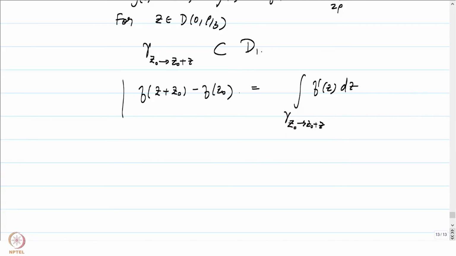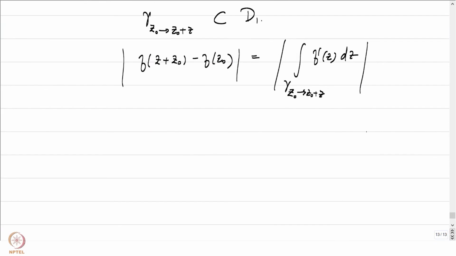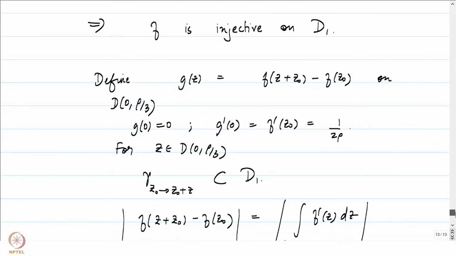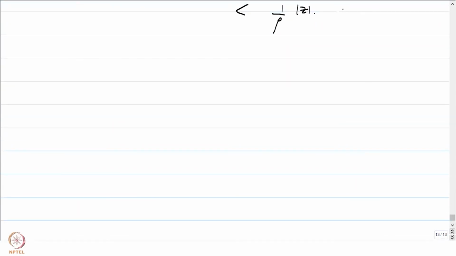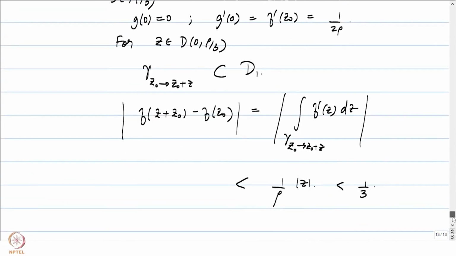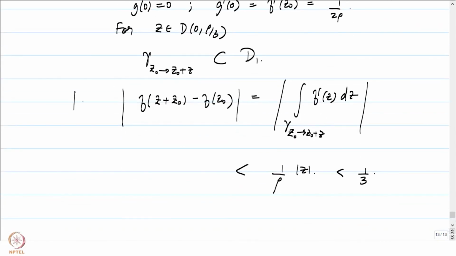And if you look at the absolute value, this is bounded here. We checked that the absolute value of f prime of z is bounded by 1 by rho. So this is less than 1 by rho times the absolute value of z, which is now in the disk of radius rho by 3 around 0. So this is in particular less than rho by 3, which is hence less than 1 by 3. So what have we shown here? We just showed the bound on the absolute value of g of z.